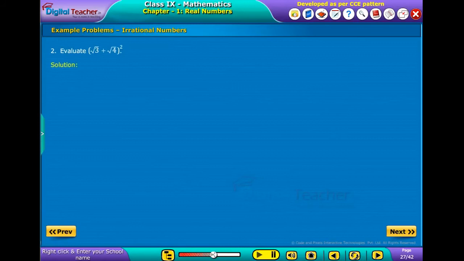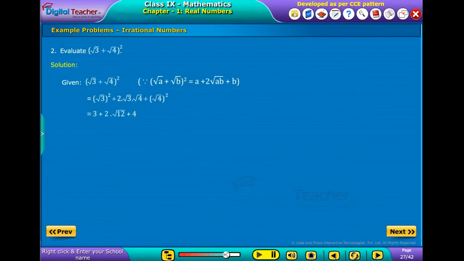Solution: given, as it is of the form root a plus root b whole square, which is equal to a plus 2 root ab plus b. By further solving, we get root 3 whole square plus 2 into root 3 into root 4 plus root 4 whole square, which is equal to 3 plus 2 root 12 plus 4, in turn equal to 7 plus 2 root 12.